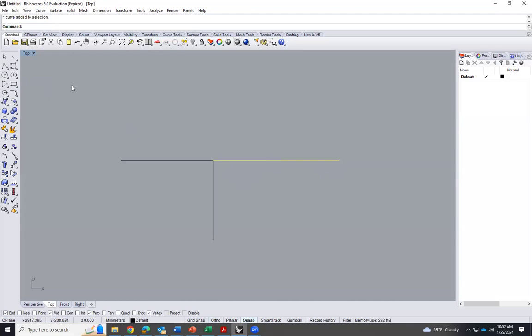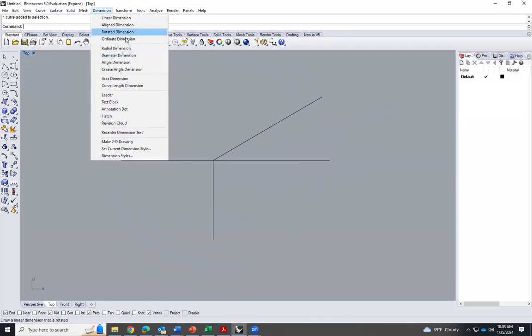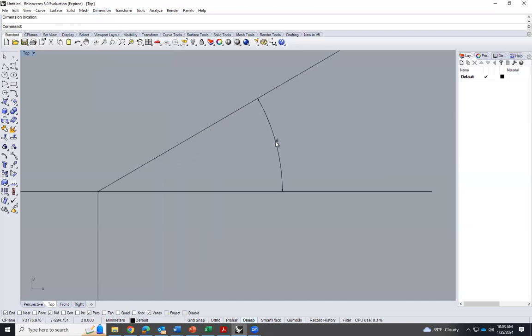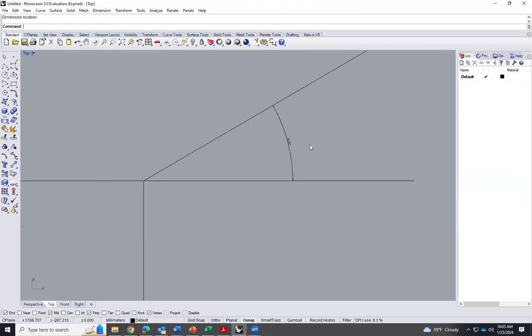We have to rotate this 30 degrees up. So this angle is going to be 30. So we can go to angle dimension, and this is 30 degrees.